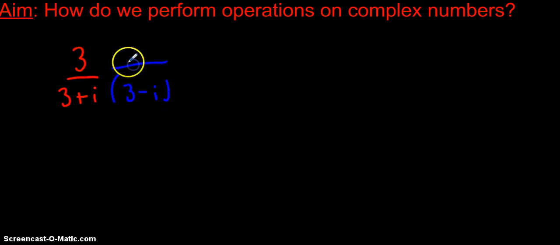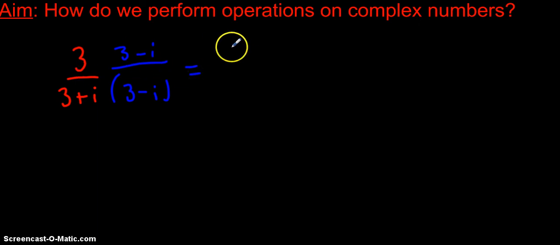Right. So one last thing would be to look at when we have a binomial denominator. And just like with radicals in our denominator, we want to rationalize this. So we're going to multiply by the conjugate, which is 3 minus i.